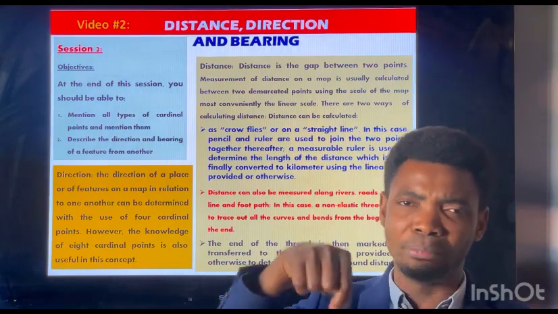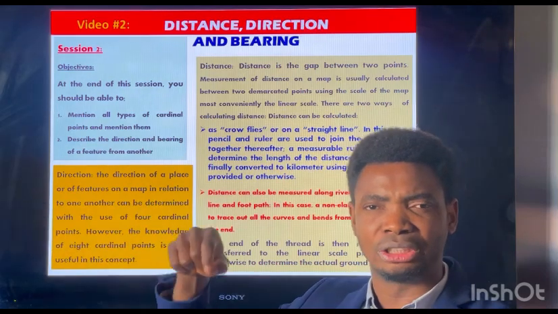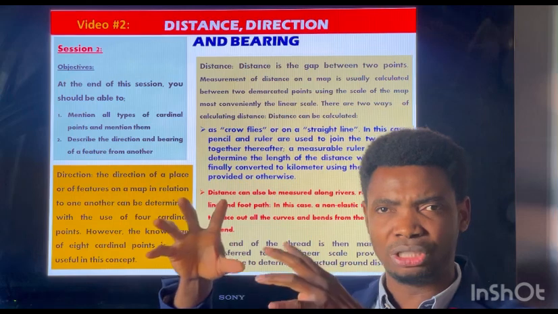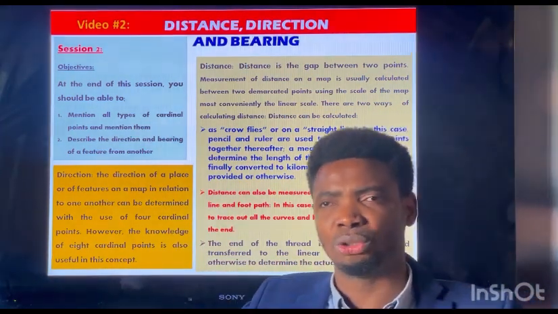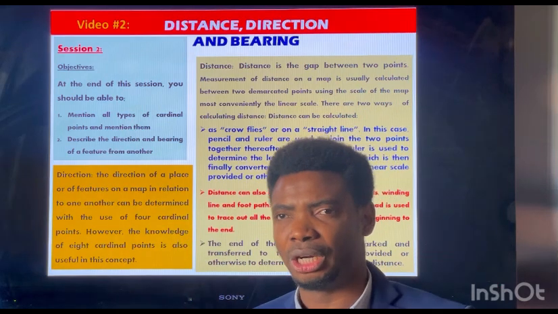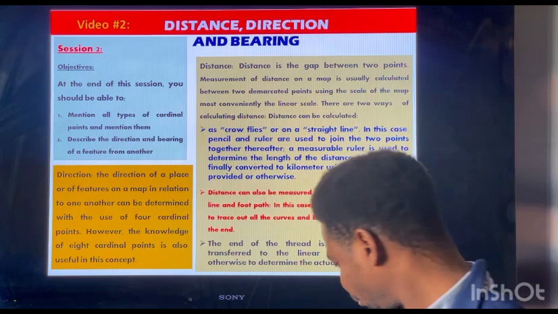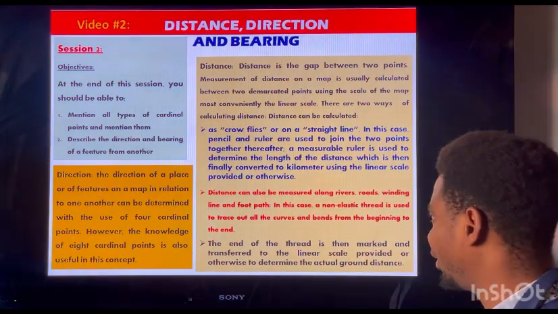You will use it to measure the distance along the curved path, and then extend it on your ruler to determine the centimeters or whatever you are using as your scale.